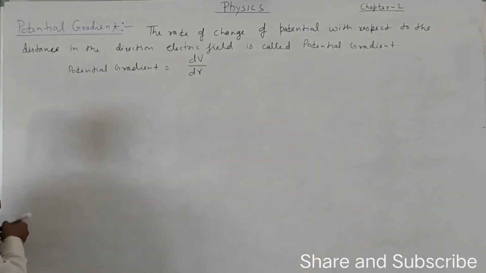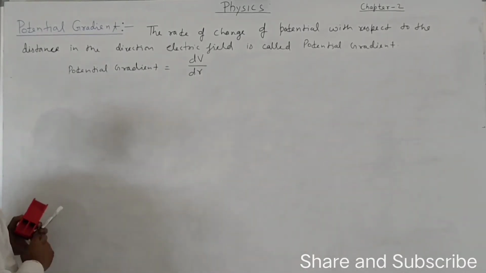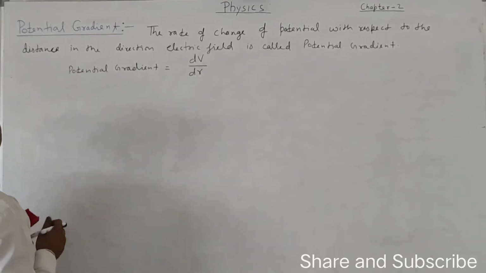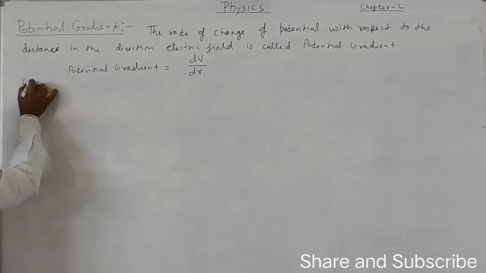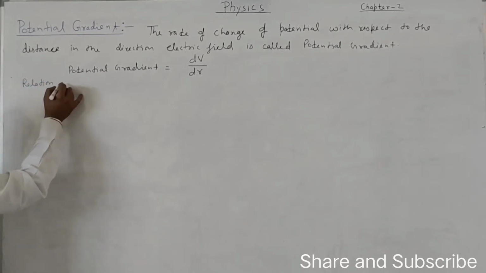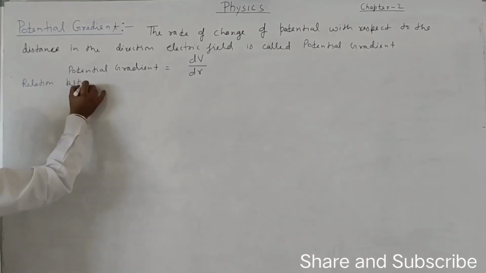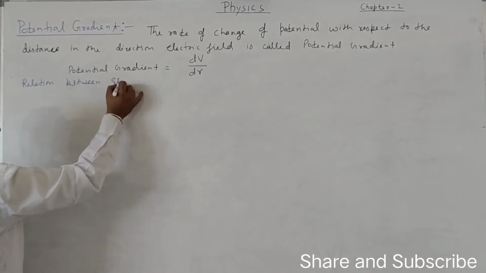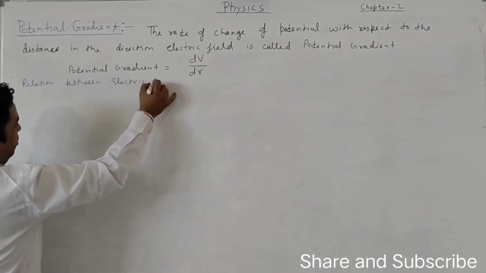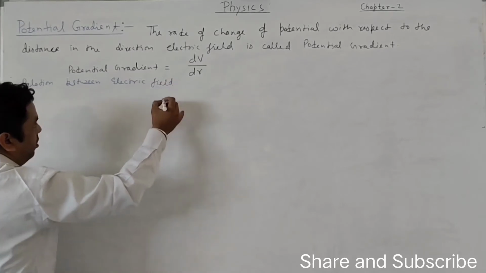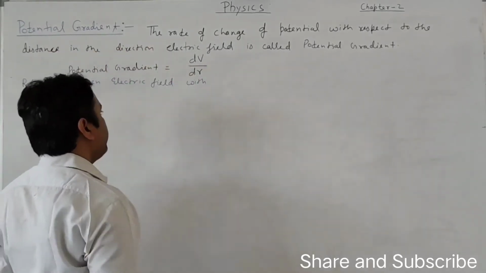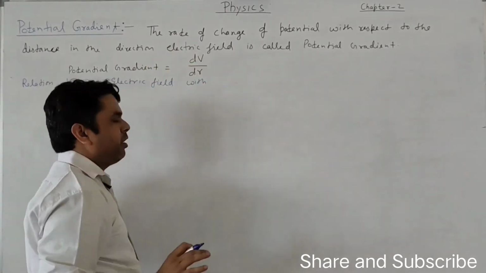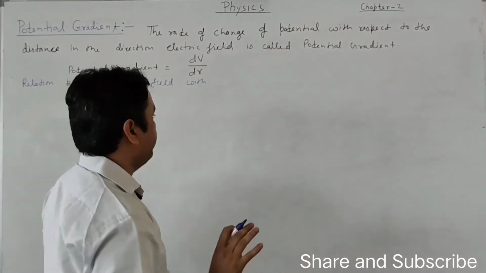Now we will concentrate on the relation between electric field and electric potential. Either we can write the potential gradient or we can write the potential difference, both will be the same as it is here.